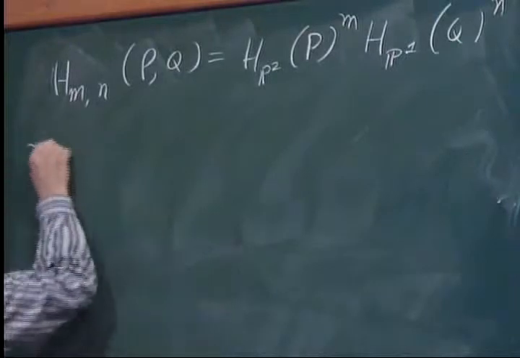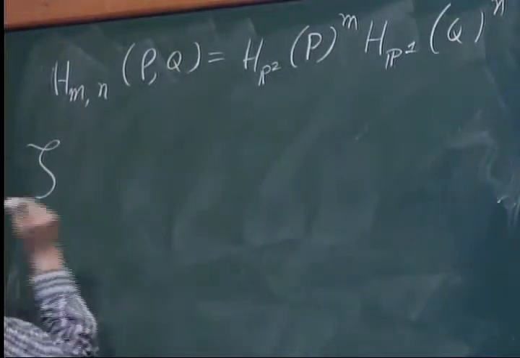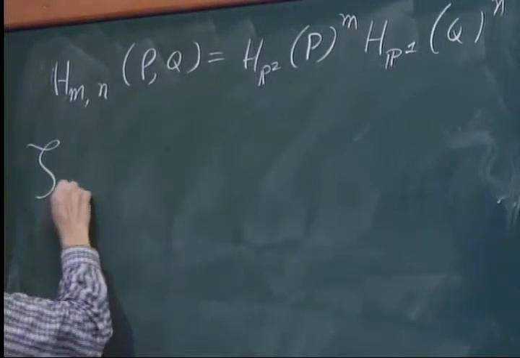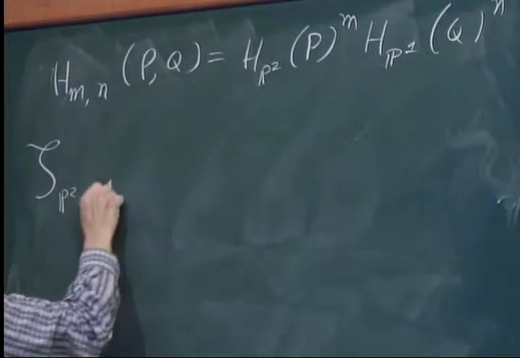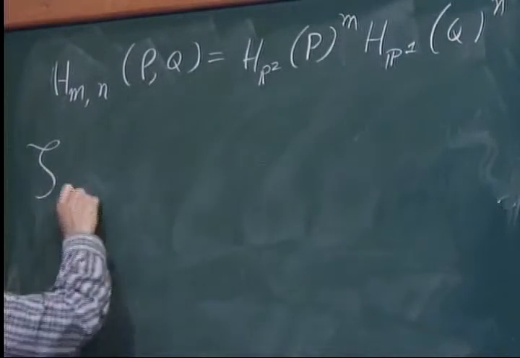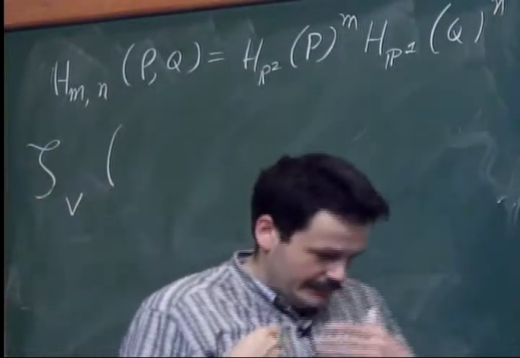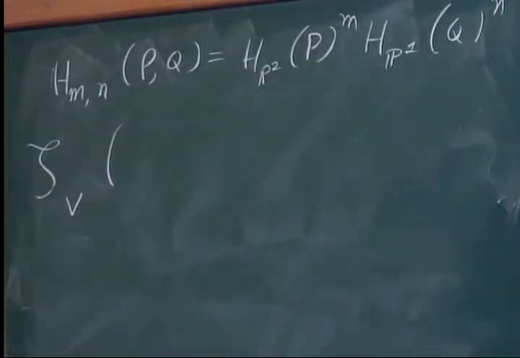So let me write the two parameters slightly differently than before. The point is that, oh sorry, it's V. The point is that I can look at the two parameters in fact as an element of the Picard group tensorized by C, which is a natural way to do it.